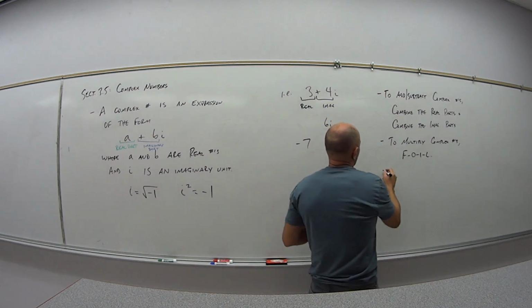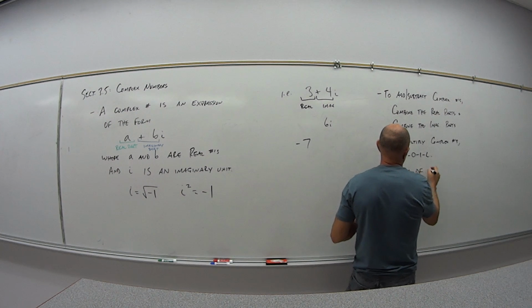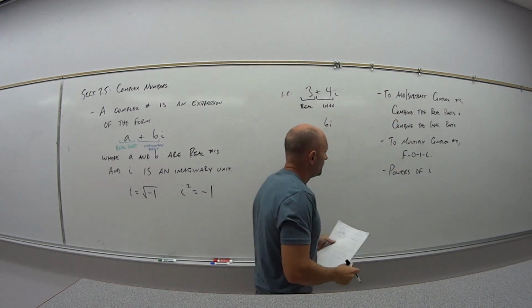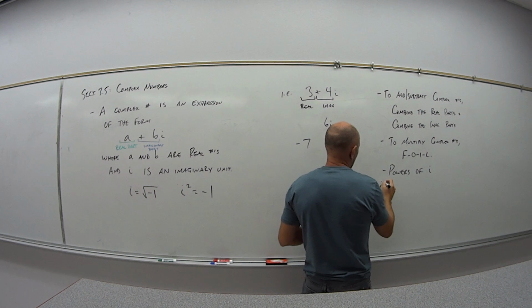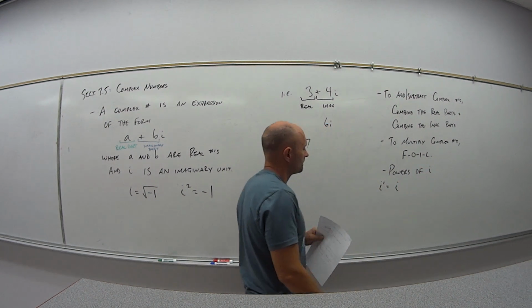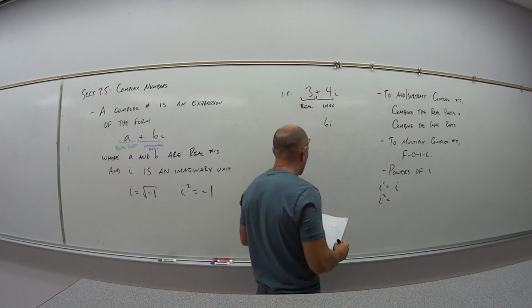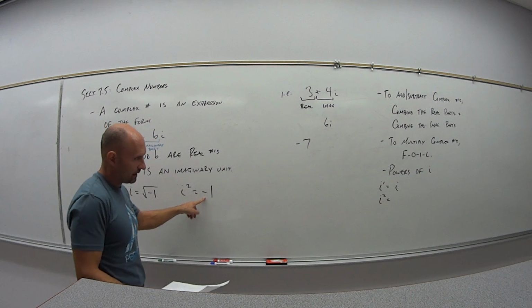And then I have what's also known as my powers of i. If I have i to the first power, that's just i. i squared, we know to be negative 1.